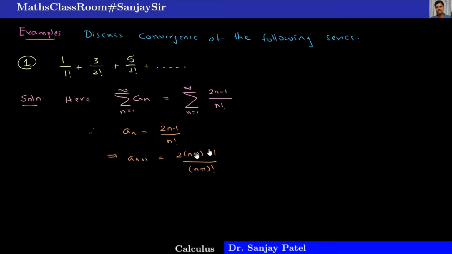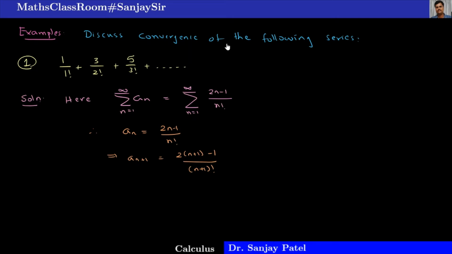Now, as I told you, whenever we have factorial, we try to use D'Alembert's ratio test. That is the practical form of the D'Alembert ratio test. So we are finding an and an plus 1, and now we will take the limit of this ratio. Or you can first simply find an plus 1 upon an and then take the limit, whichever you find convenient.